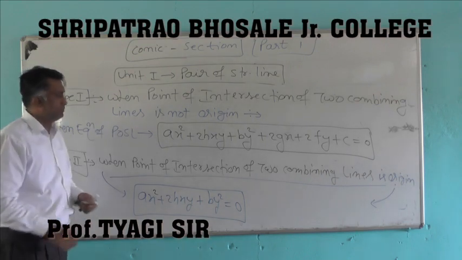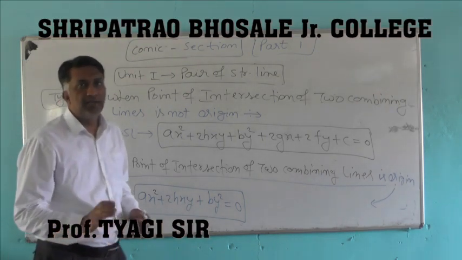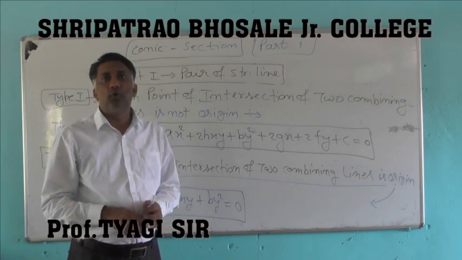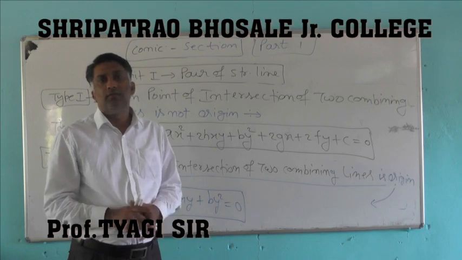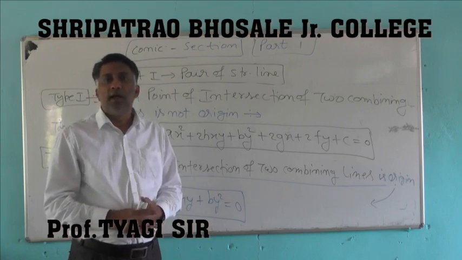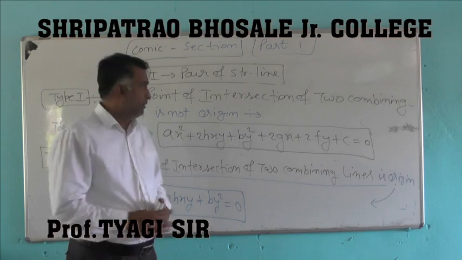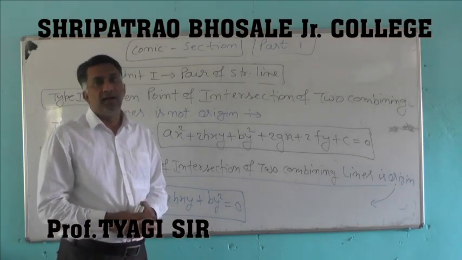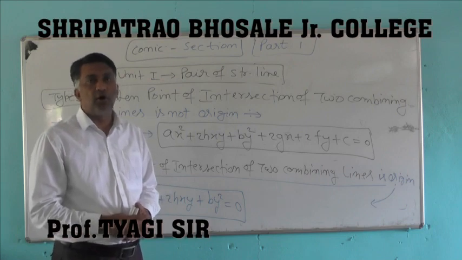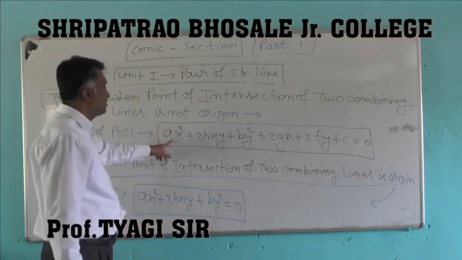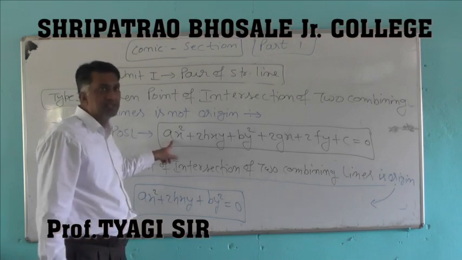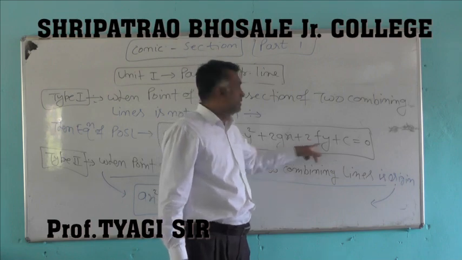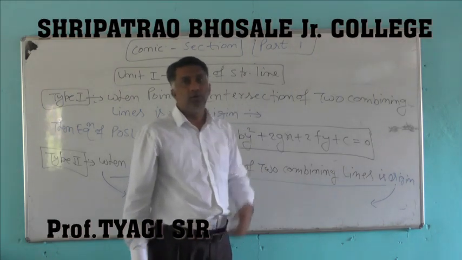Now, my dear students, in the chapter of conic section, we have 5 kinds of conic. First one is pair of straight lines, and in this chapter we have 2 kinds of equations. Where the point of intersection is not origin, the equation will be ax square plus 2hxy plus by square plus 2gx plus 2fy plus c equal to 0.